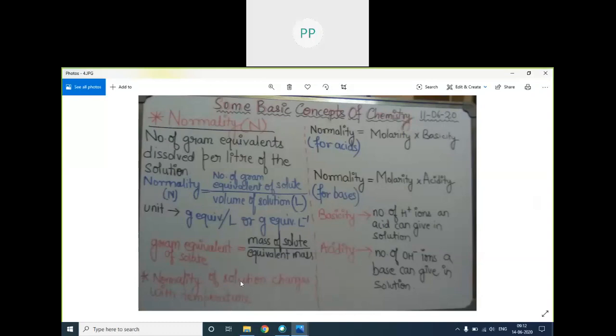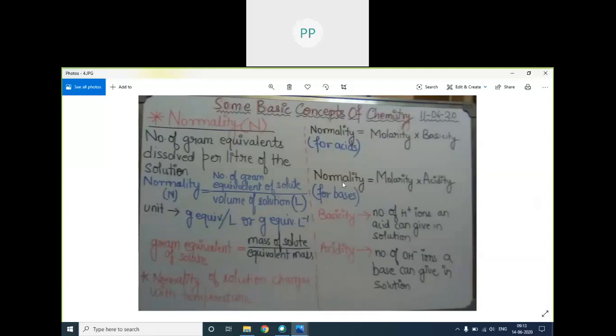One more way to calculate normality. If it is an acid or base, how do we calculate normality for an acid? Molarity into basicity. This is the relation between normality and molarity in the case of acids. How do we calculate normality for bases?